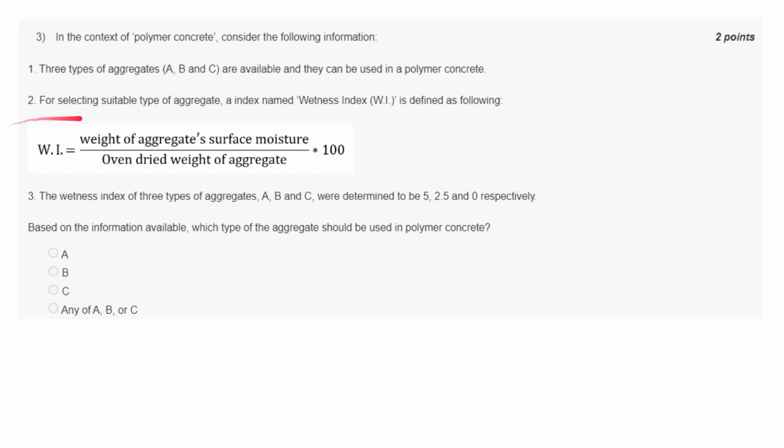As per the wetness index, the aggregate C has a value of 0, so it means there is no aggregate surface moisture present. So in this type of aggregate full polymerization will take place. So the type of aggregate that should be used in polymer concrete is C. So the third option is correct.